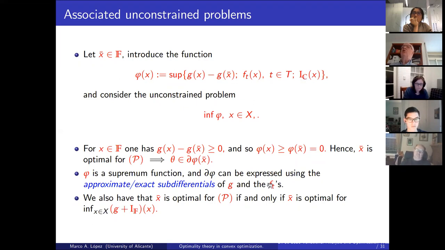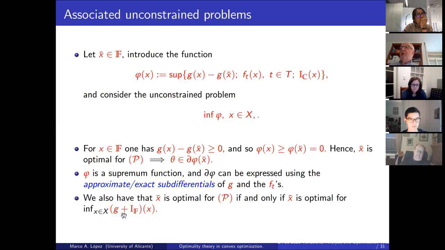Okay, and so we use certain existing formulas, involving approximate or exact subdifferentials of g and the f_t, to get optimality conditions of the KKT type, just exploiting this condition here. There is another characterization which is even easier, this one. X bar is optimal for P if and only if X bar is optimal for this other problem here, to minimize this convex function, because f is closed and convex as far as the functions f_t are convex, and the set C, the abstract constraint set, is also closed and convex.